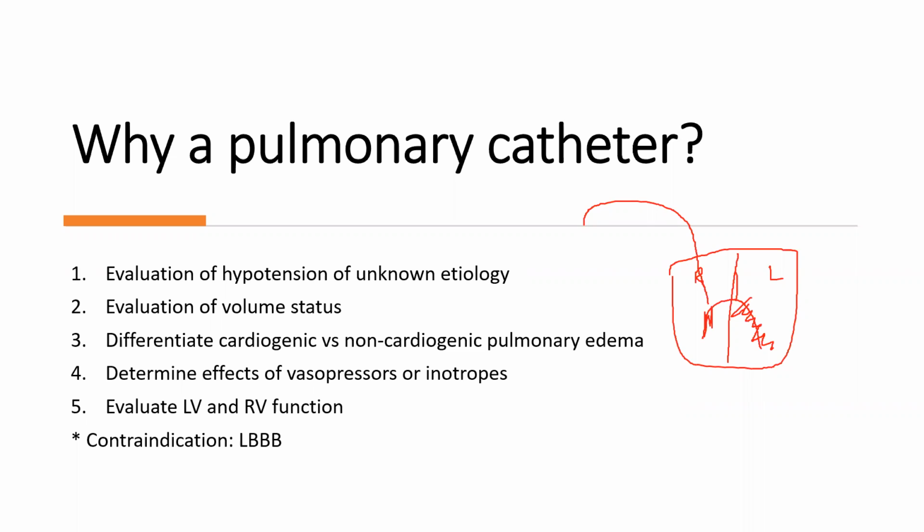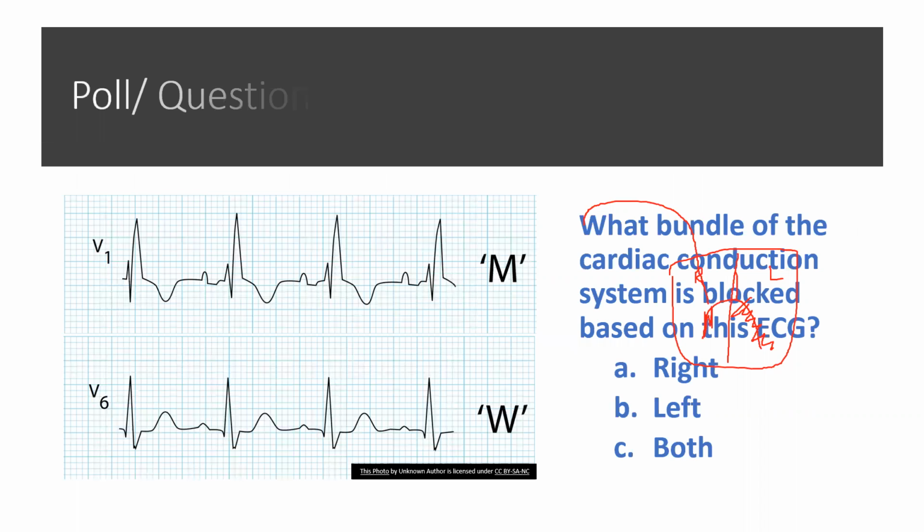And thus, as a review, we just need to make sure that we understand what a right bundle branch block is going to be and a left bundle branch is going to be. So I'm going to show you in a screen and ask you what bundle is demonstrated or illustrated by this electrocardiographic pattern.